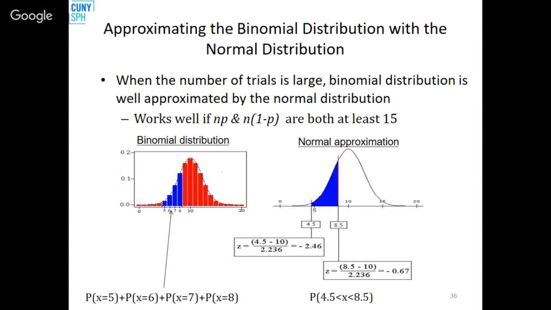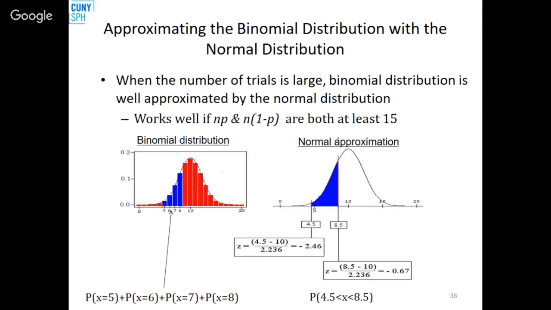So in this example here for a binomial distribution, if we were asking for the probability of an observation between 5 and 8, you would just add up those 4 probabilities.